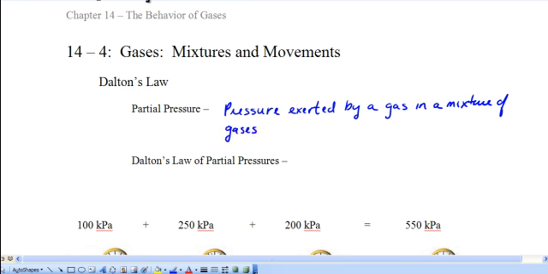It will behave or exert the pressure as if it were the only gas in the container.